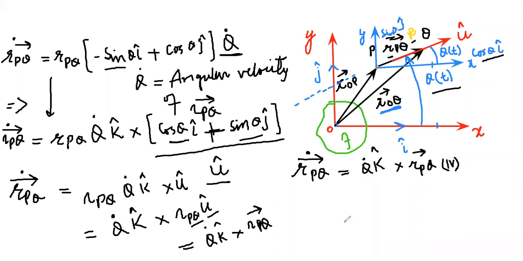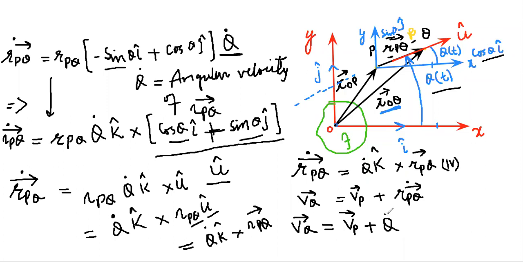Now return back to our equation 3. Equation 3 was velocity of point q equal to velocity of point p as measured from the ground frame of reference plus the derivative of rpq vector from the ground. Therefore, you can write velocity of point q is equal to velocity of point p plus angular velocity of vector pq cross rpq.